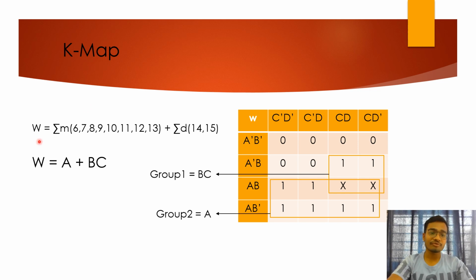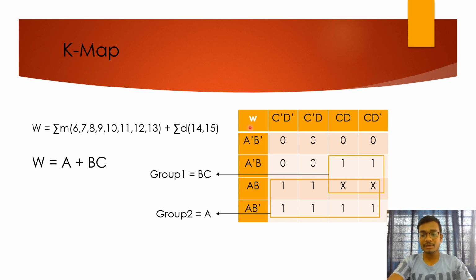For the K-map for the output W, we got sigma M of 6, 7, 8, 9, 10, 11, 12, 13 plus the don't care condition for 14 and 15. Using these min terms and the don't care, we build the K-map. The K-map uses gray code. For the 4-bit representation, we have A bar, B bar.